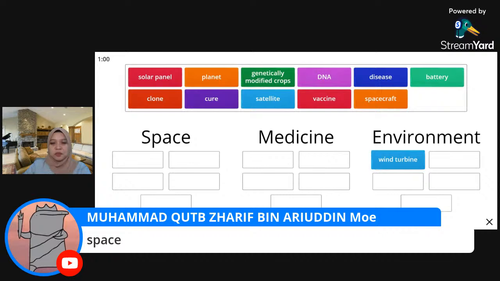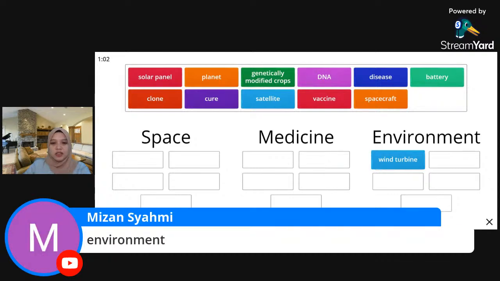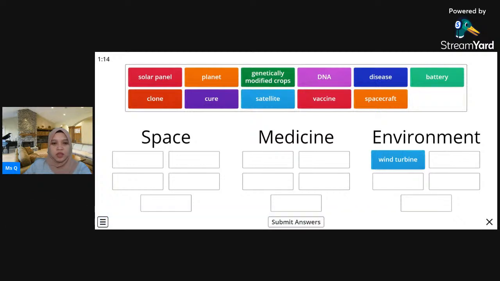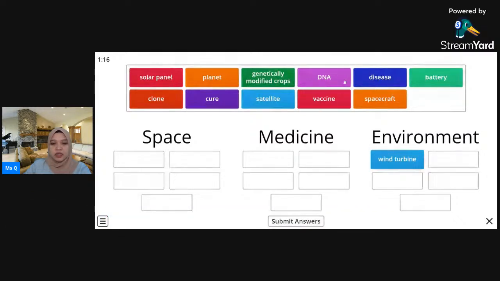Okay, Kutub says space. How about Mizan? Arik and Mizan said environment. How about the others? Okay, I think the majority answered environment. Let's put this in environment.